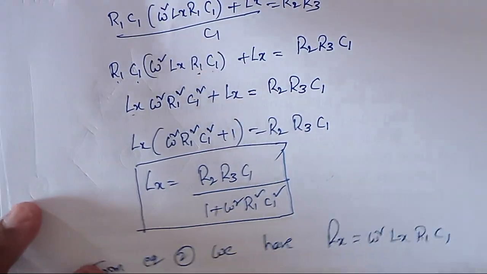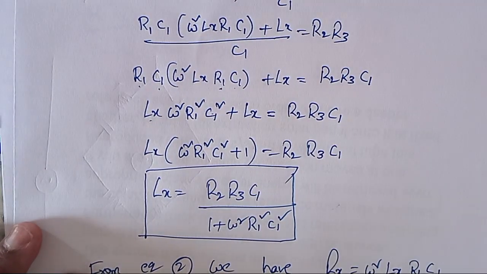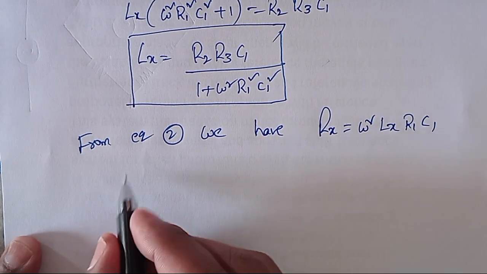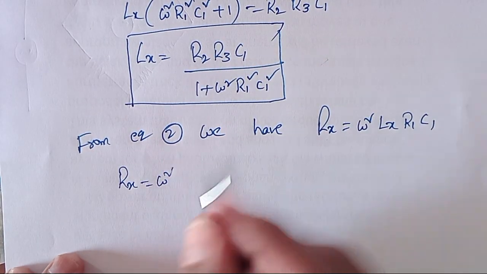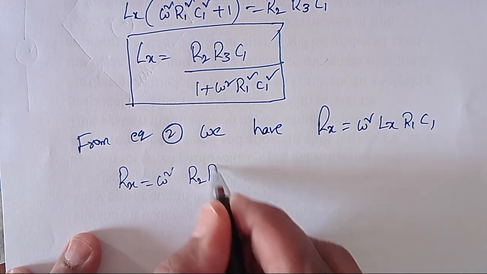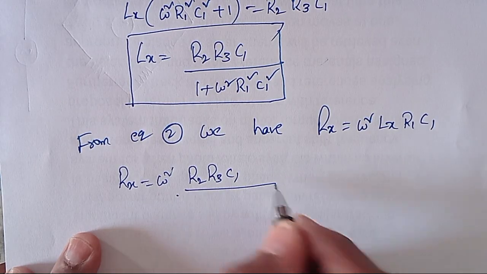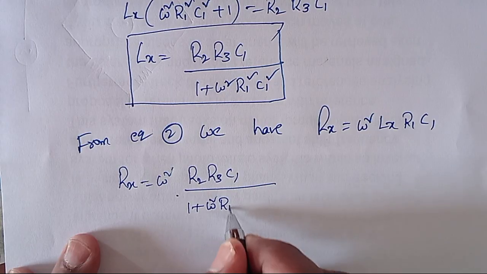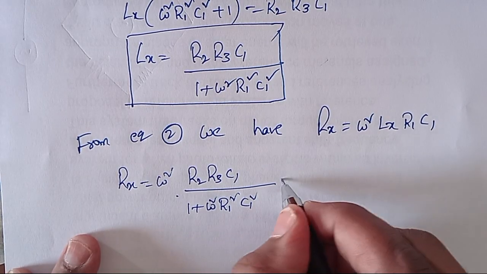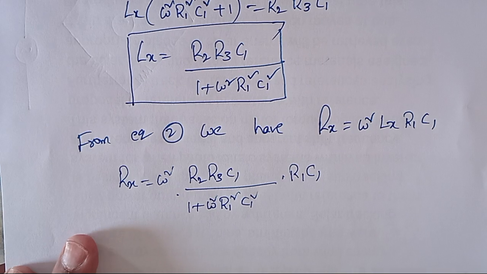Then Rx equals ω² Lx, which is nothing but R2 R3 C1 by 1 plus ω² R1² C1², into R1 C1.